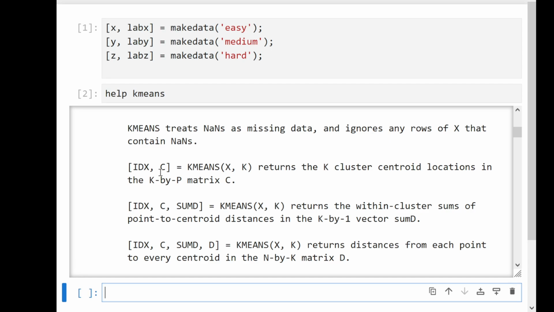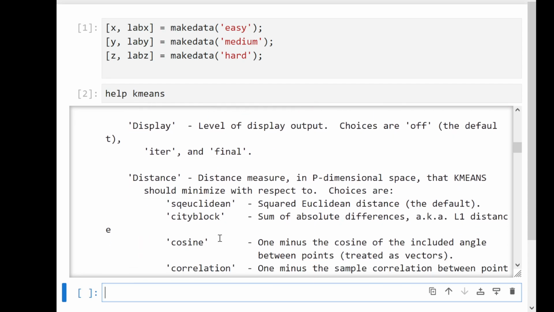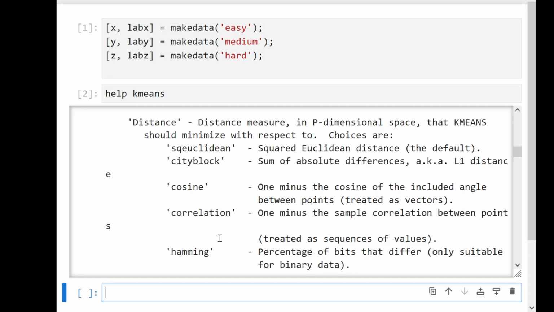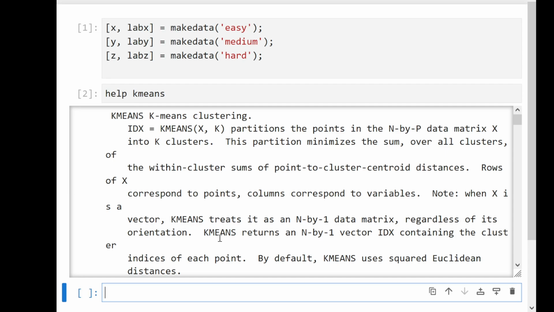It could also return other stuff, like the distances to the points, and there are a bunch of options that I can supply. We're just using the vanilla k-means clustering here.